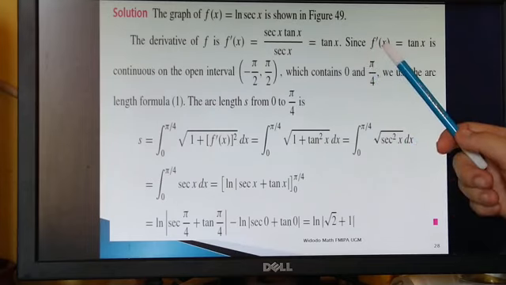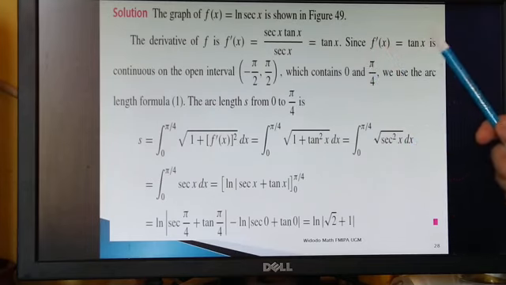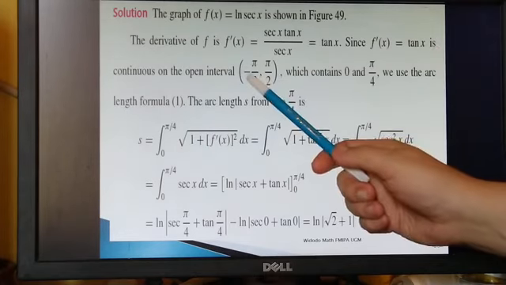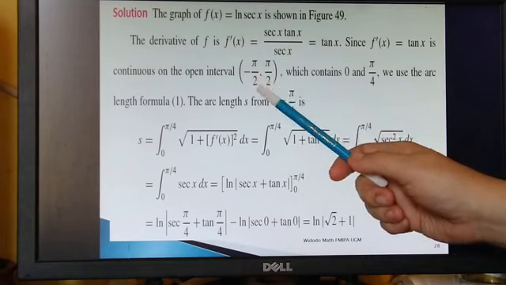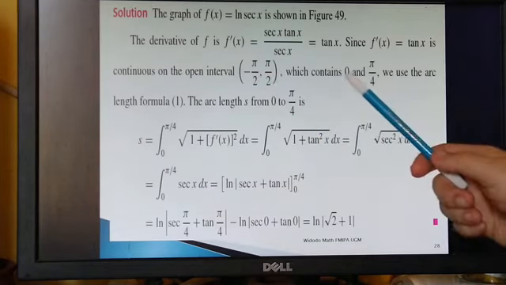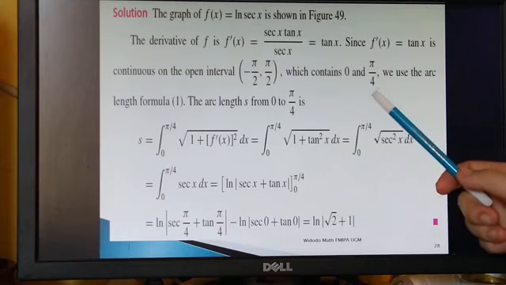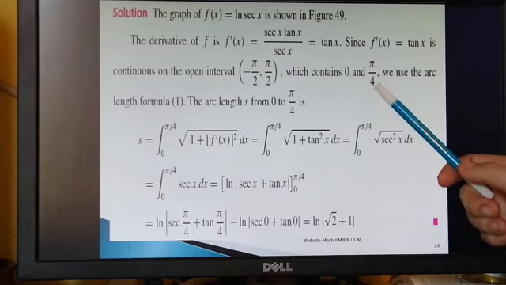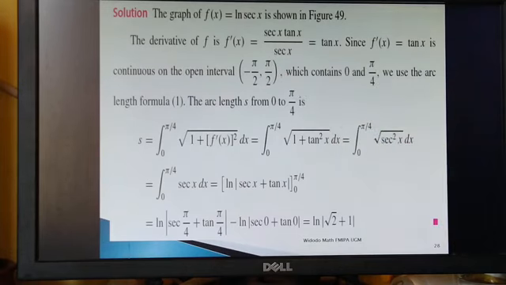Because f prime x equal to tangent x is continuous on the open interval minus pi divided by 2 to pi divided by 2, which contains 0 until pi divided by 4, because pi divided by 4 is less than pi divided by 2, then we can use that formula.